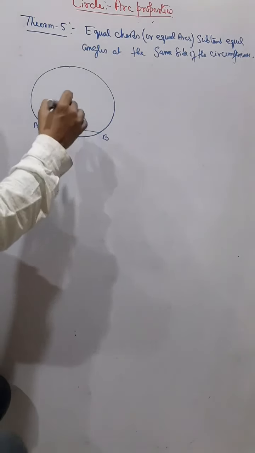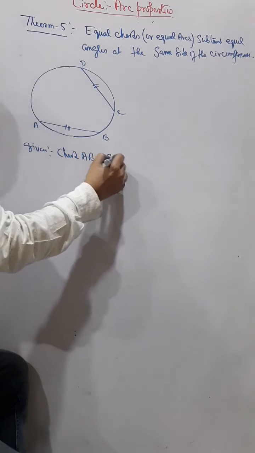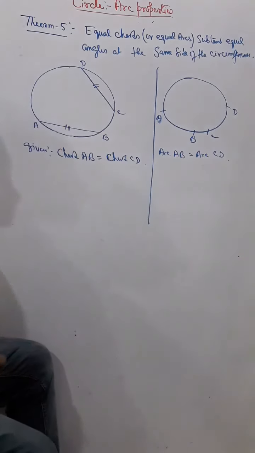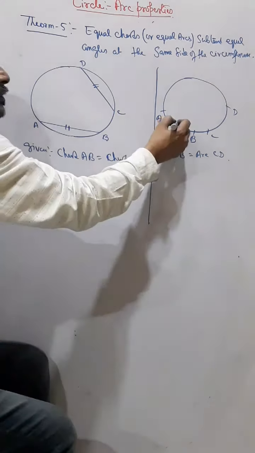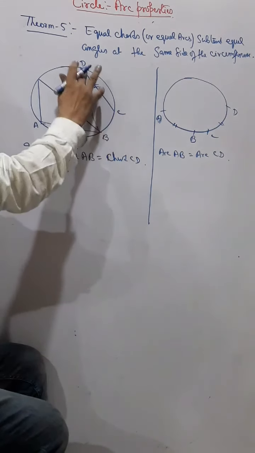Say if chord AB is given equal to chord CD, or say the arcs are equal, here it is given arc AB is equal to arc CD, then the angle subtended by this chord, at any part of the circumference, means touching the circumference, will be equal to the angle subtended by this. So it can be anywhere.